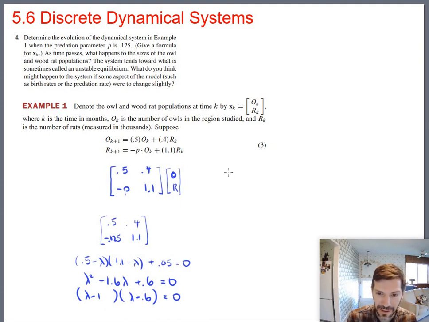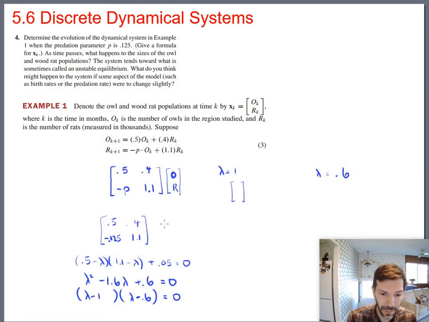So our eigenvalues here are 1 and 0.6. Okay, so now we need the eigenvectors that go with each one of those.